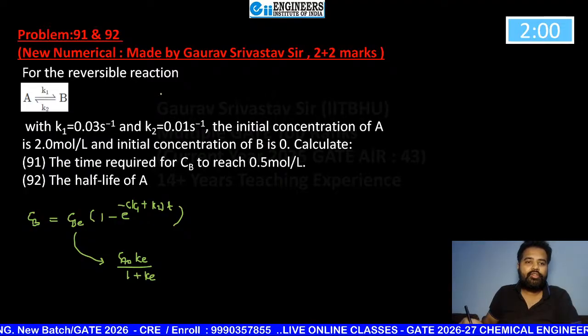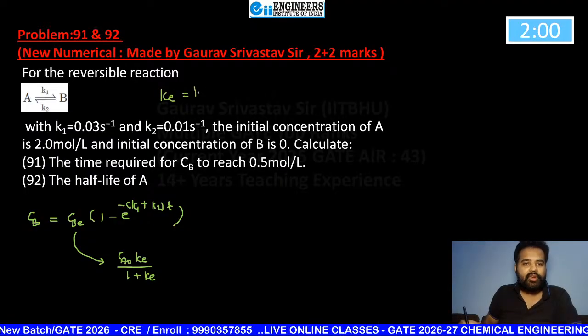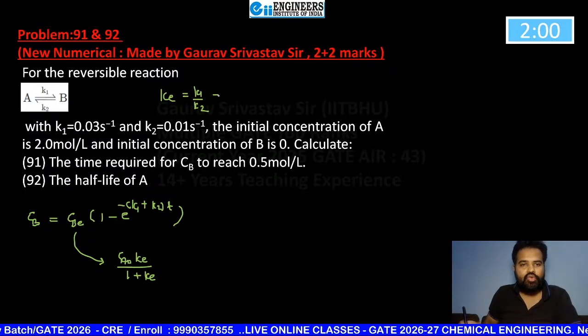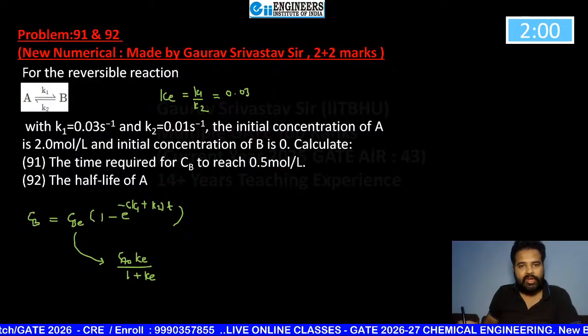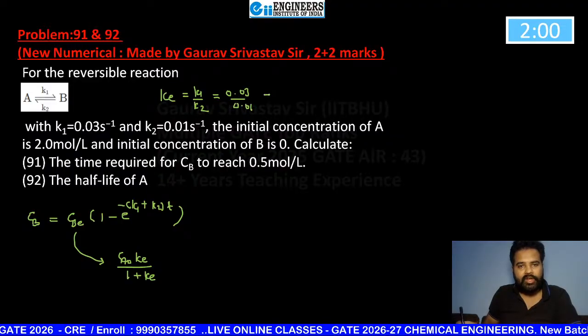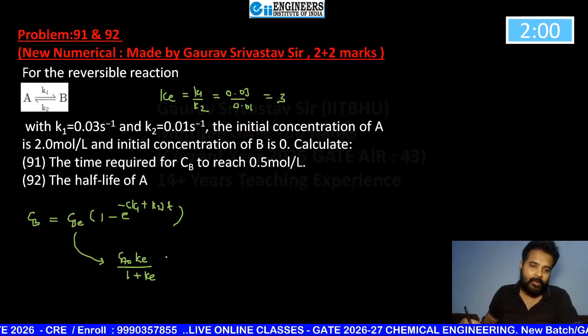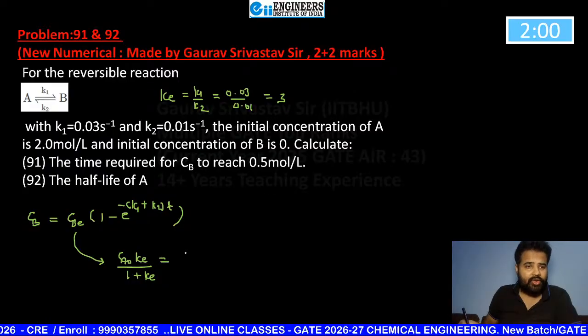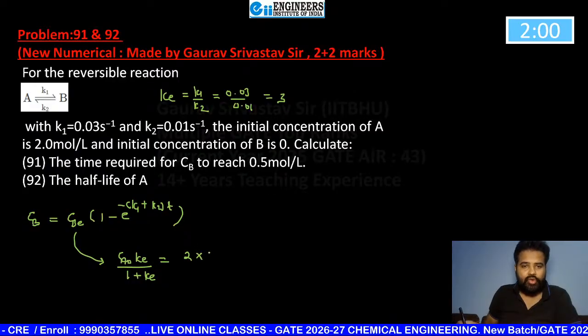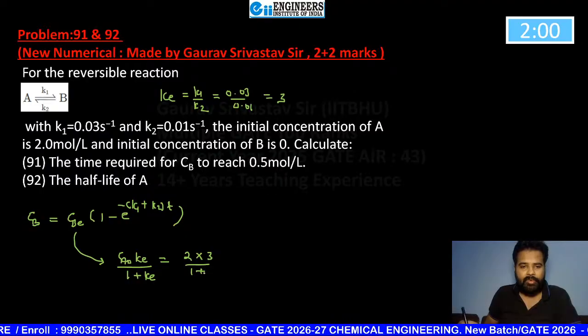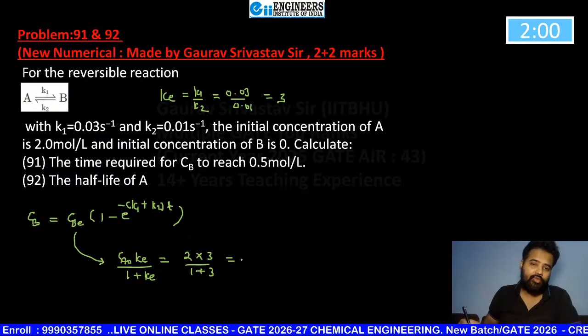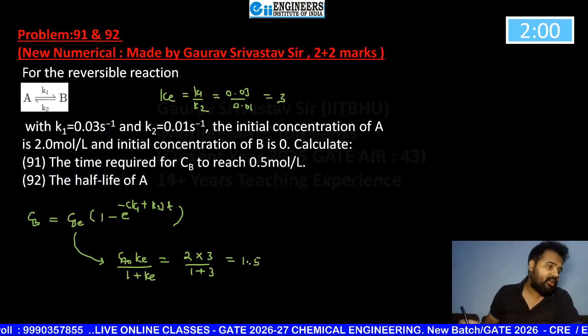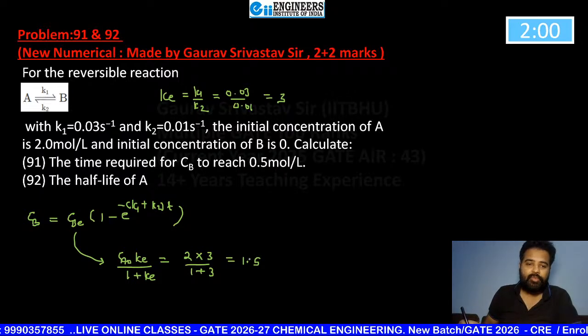Now what is the value of KE here? So KE was K1 by K2. K1 is 0.03 second inverse. This is 0.01 second inverse. So it is 3. So CA naught is 2. So 2 into 3 upon 1 plus 3. 2 3 is a 6 by 4. That means 1.5. ऐसे ही लगाया ना आपने बेटा 1.5.